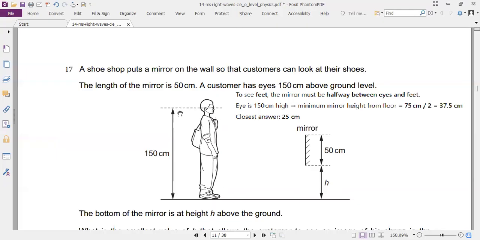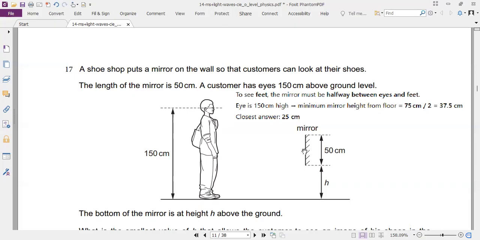Why? Because half of 150 is 75. And at 75, which is the halfway, the angle of incidence from the feet will be equal to the angle of reflection to the eye.